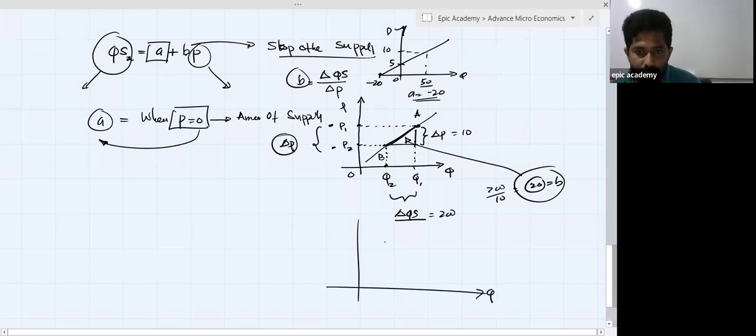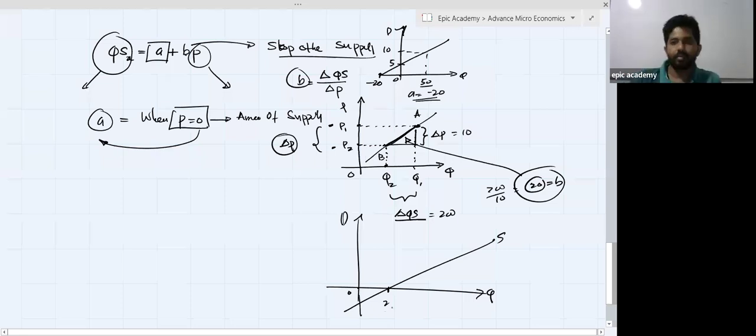Another example: just consider this is Q, this is the price, and this is the zero point. The supply curve is something like that. When the price equals 0, the quantity already takes 20. When the price changes from 0, the quantity starts from 20.